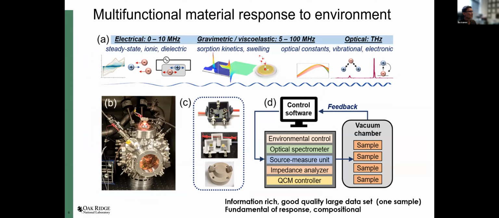Therefore, integration of multiple functionalities brings benefits of selecting the right model, but also opens up opportunity to reach rich and good quality large data sets where you can look at the electronic, ionic, dielectric properties of material, details about diffusion of certain environments within the film, or porous structure, or changes in viscoelastic properties of the solution itself, while looking at the changes in n and k indices of optical constants, looking at the vibrational spectroscopy, Raman, fluorescence, absorption, and so on, including terahertz accessibility to the vibrational modes.